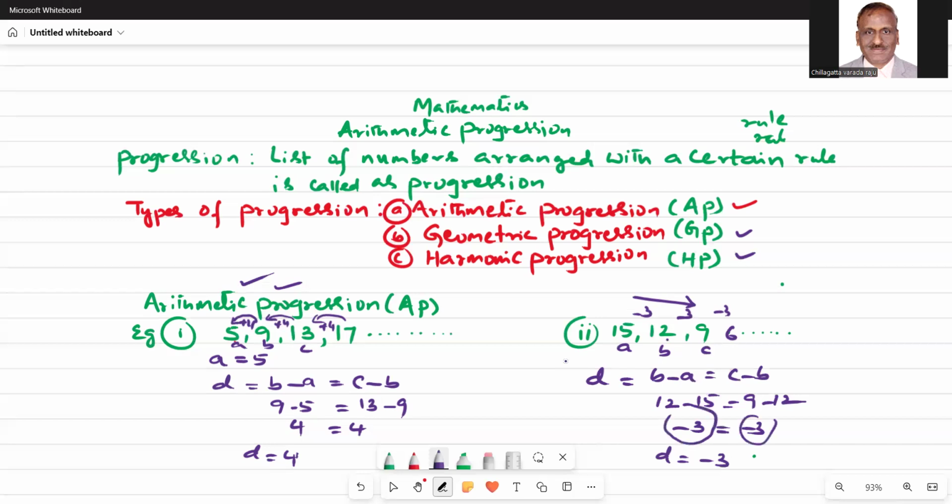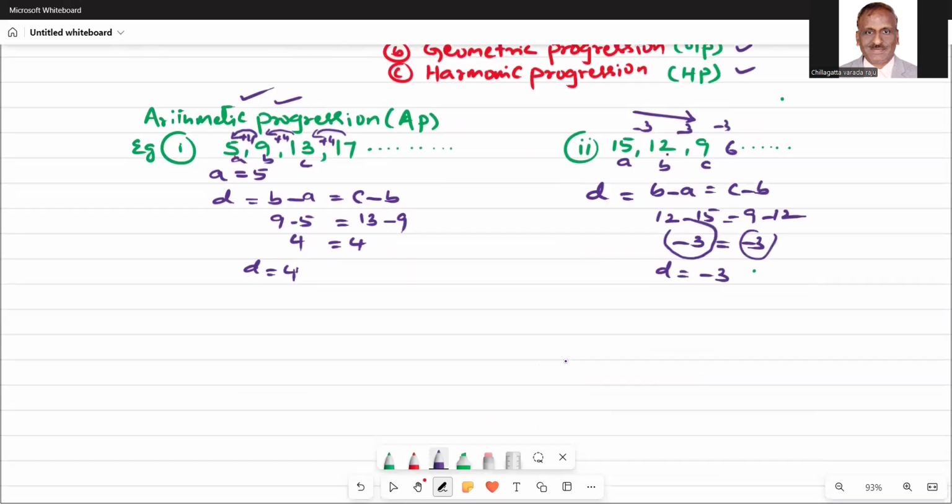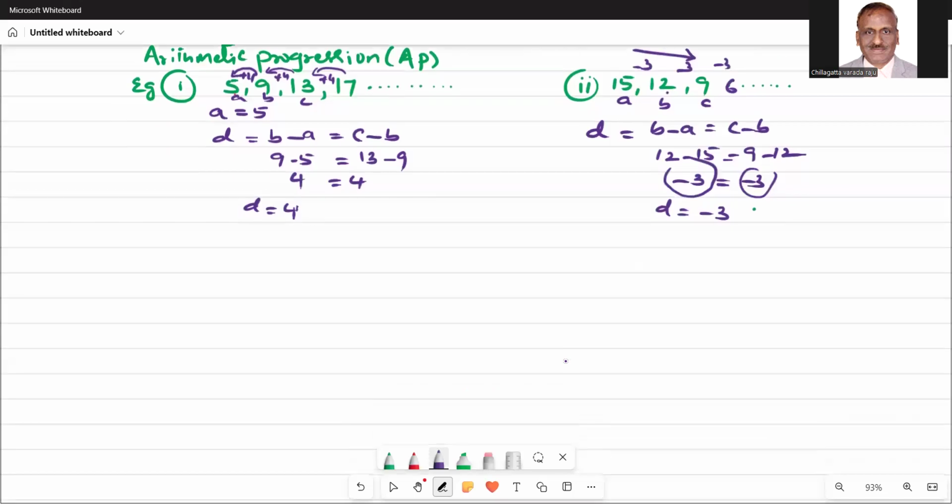When the common difference exists among the terms of the progression, we call that progression an arithmetic progression. To call the given progression an arithmetic progression, there should always be a common difference among its terms. Now let us check a question based on this arithmetic progression.